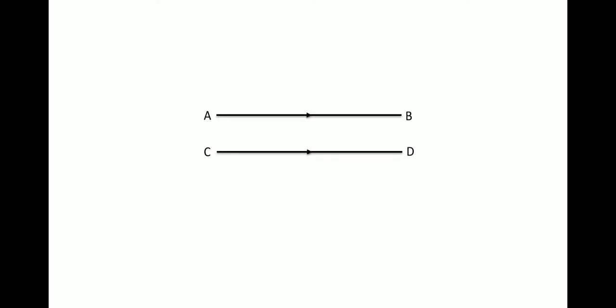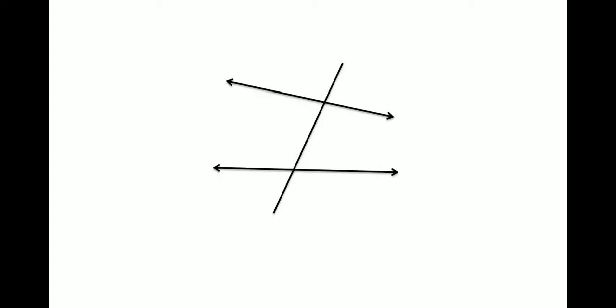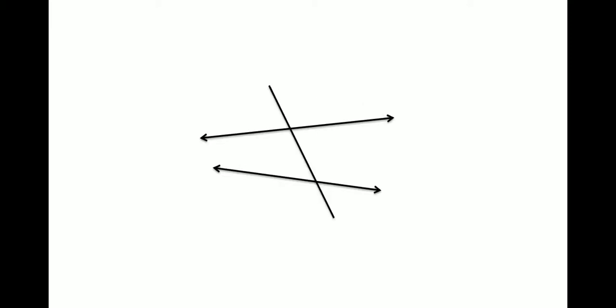Now, if any straight line is passed through both these parallel lines this way, then this straight line is called a transversal. The transversal can pass through not only parallel lines, but also any given lines like this, which are not parallel, or even like this.